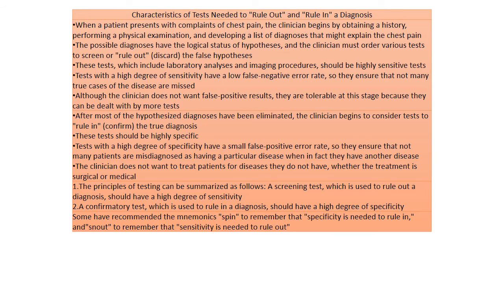If a person comes back negative on this, it is very unlikely that they are a false negative, and you can start to rule out that diagnosis, right? So you want tests with high sensitivity to rule out these false hypotheses. This is where we get our mnemonic at the end here, SNOUT. High sensitivity tests are needed to rule things out because that false negative error rate is going to be very low.